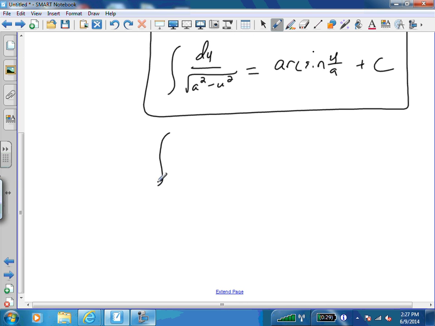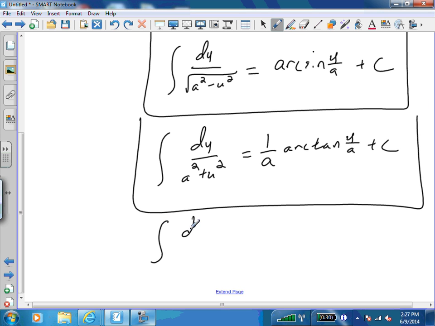If we need to integrate du over a squared plus u squared, which is kind of like u prime over 1 plus u squared, which was the derivative of arctangent, it turns out this integral is 1 over a times arctangent u over a plus c.